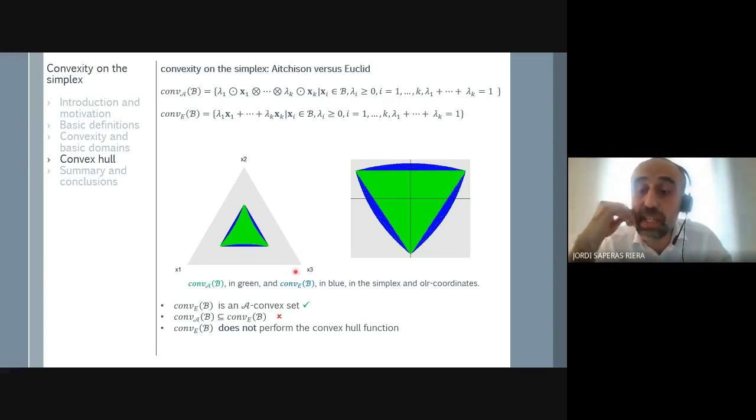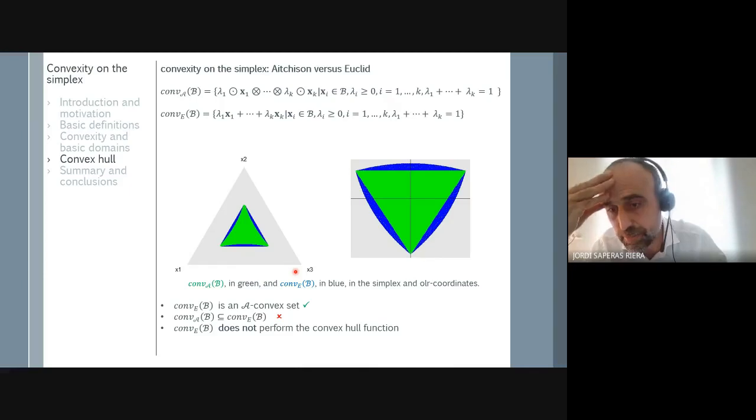So we can see both in the simplex and in coordinates that the Euclidean convex hull is larger than the Hutchinson convex hull set. Therefore, the Euclidean convex hull set is a convex set, but it does not perform the convex hull function in the simplex.